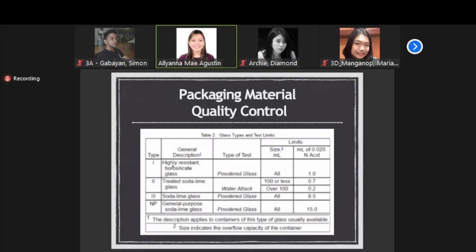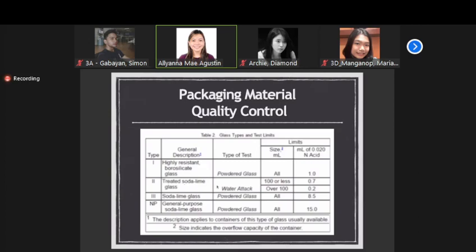Type 1 is the highly resistant borosilicate glass. Type 2 is your treated soda lime. Type 3 is soda lime. Type 4 is the non-parenteral, general purpose soda lime glass. All of them are tested with the powdered glass test except the water attack test, which is specifically for treated soda lime.